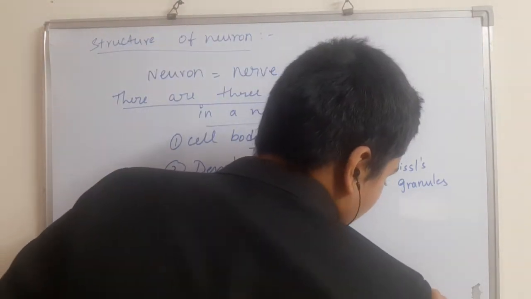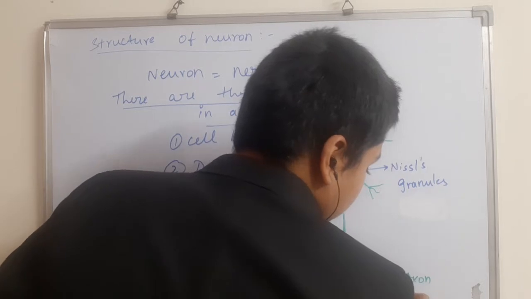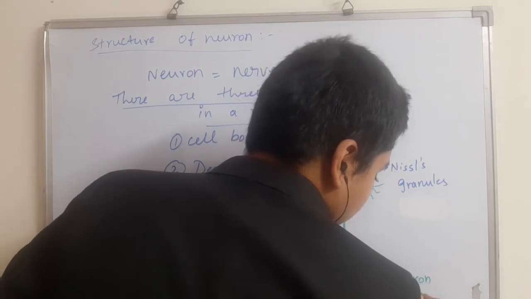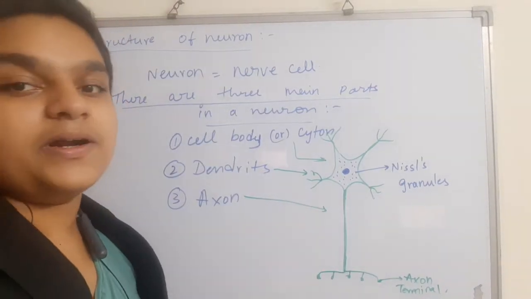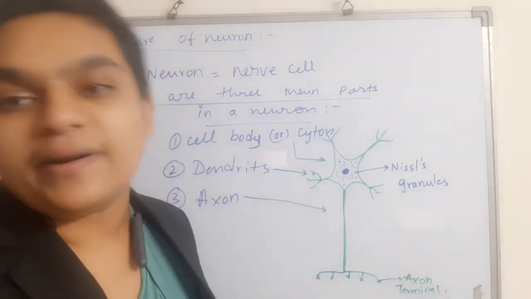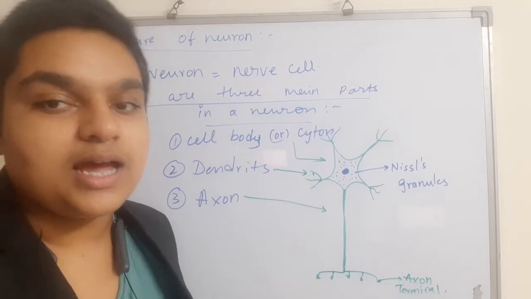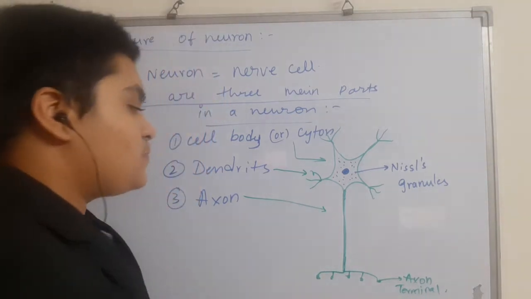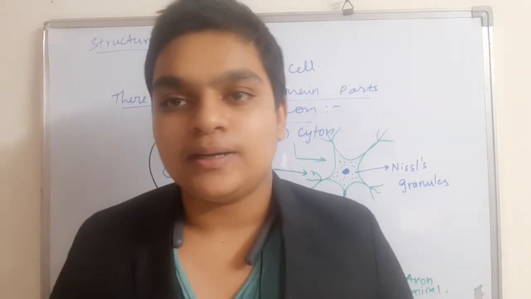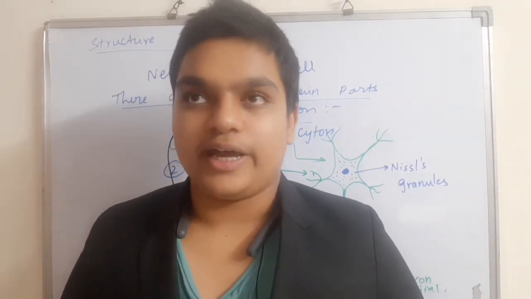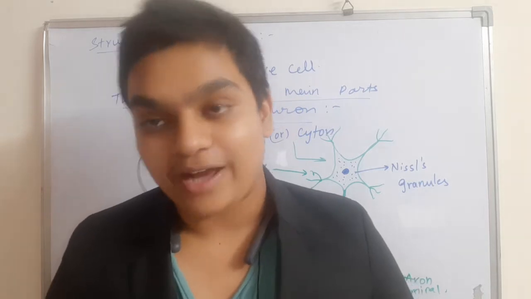Axon terminals we will not generally say in the main parts, but the branches or the end part of the axon contains these axon terminals. Now we have specialized cells called Schwann cells, which are present at the boundaries of the axon.